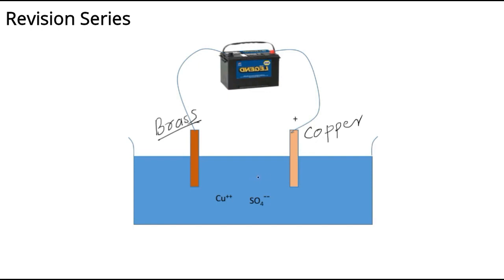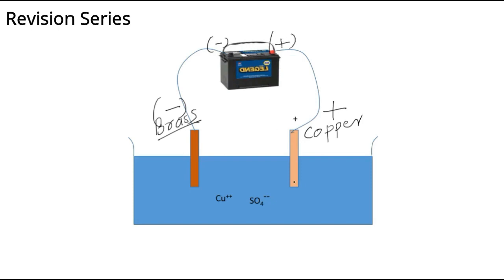Now what happens? As usual, if you allow the current to pass through this copper sulphate solution, there are many Cu++ and SO4-- here, and we already know this copper rod is positively charged and this brass rod will be negatively charged. Why? Because it is connected to the negative terminal of the battery, whereas copper is connected to the positive terminal.